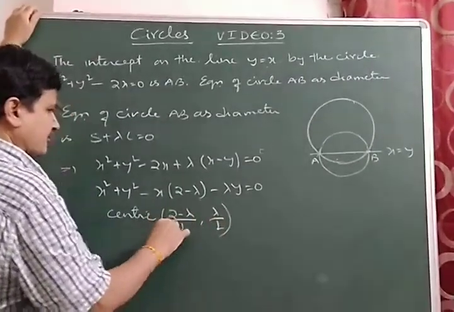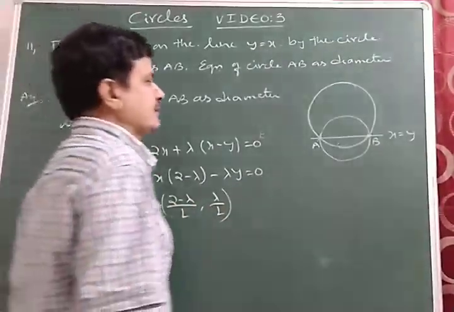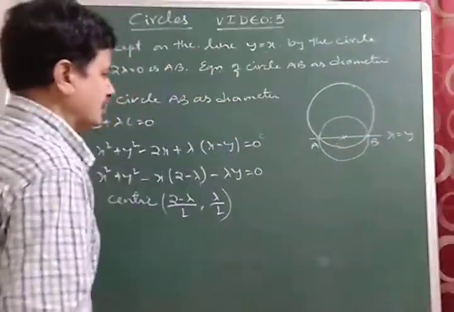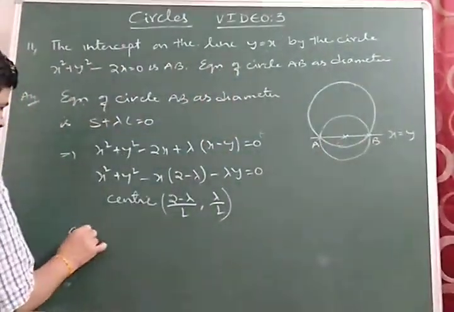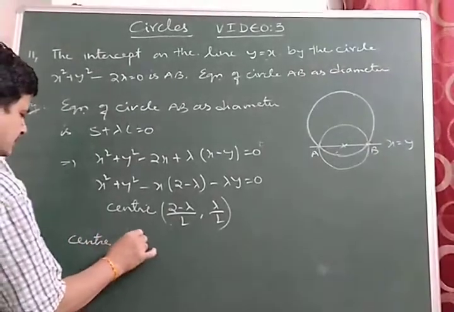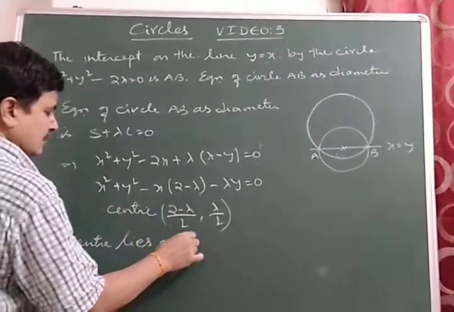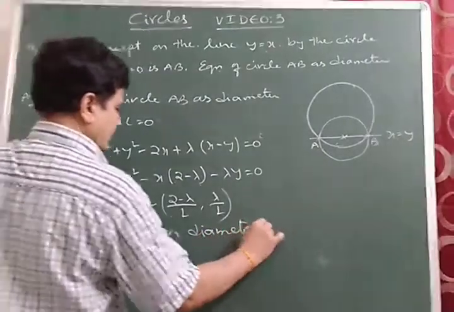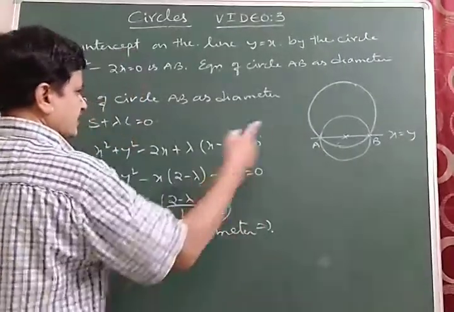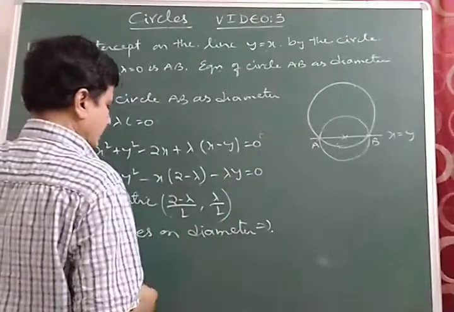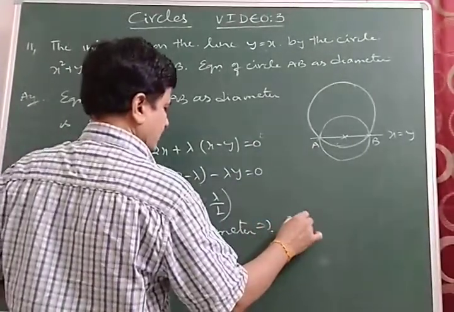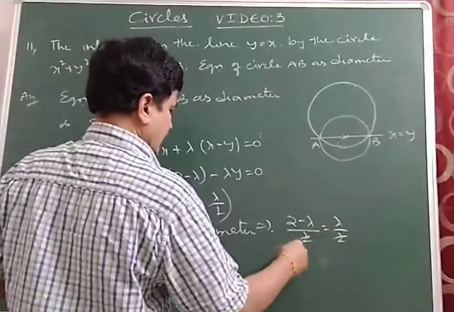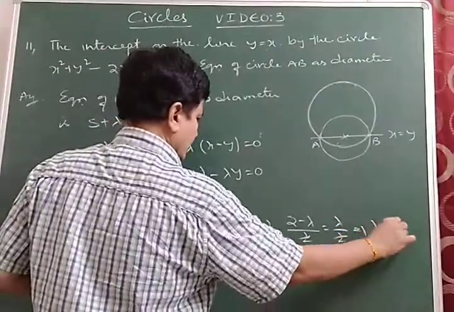It is the center. The center always lies on the diameter. Here the diameter is x is equal to y. The center lies on the diameter. So that implies the point lies on the line y is equal to x. So (2 minus lambda) by 2 is equal to lambda by 2. 2 cancels, lambda is equal to 1.